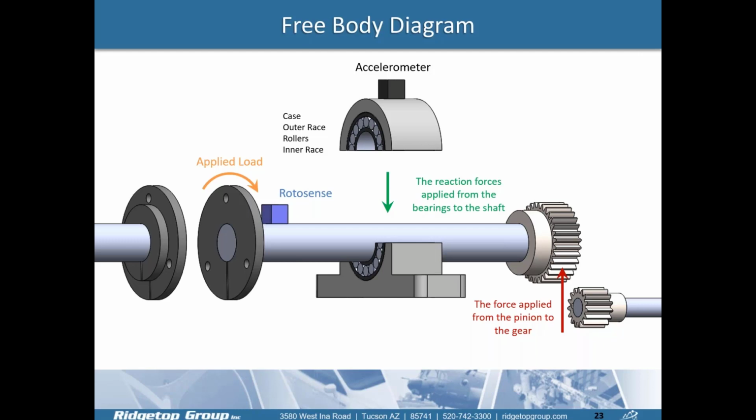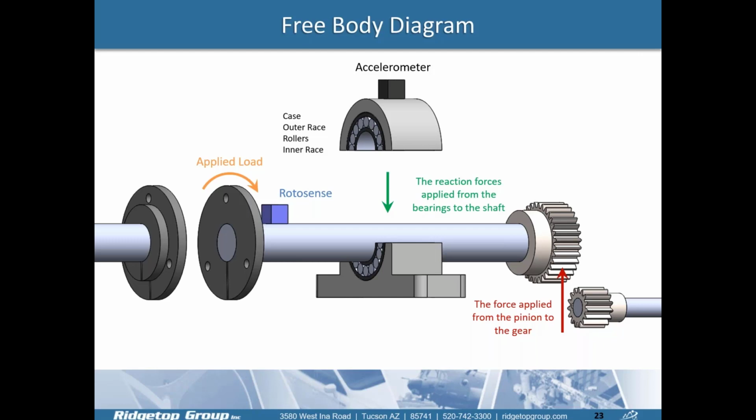So the applied load and the reaction force are both a function of this applied force that is shown in red. But before we talk about that, this red force is fluctuating because the contact point is moving.